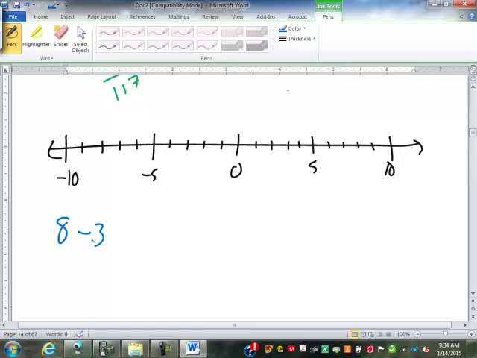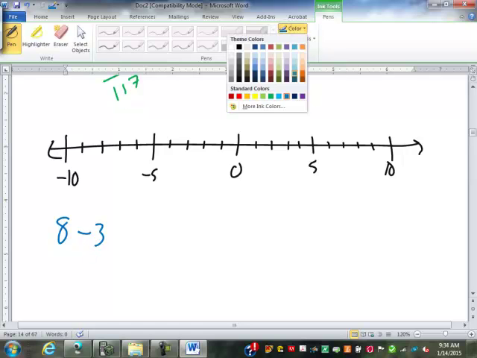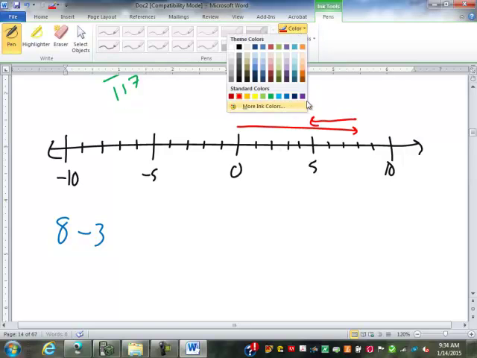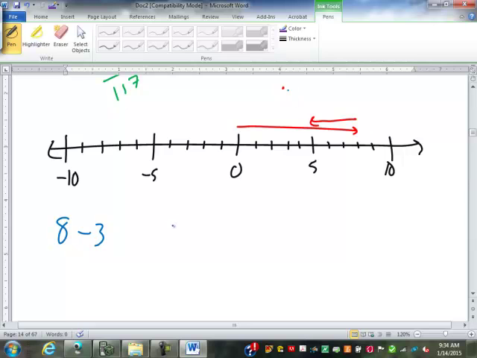This is looking at the positive numbers. If we were going to draw this out, there's 8 minus 3. Well, we know that comes back to 5, like that. Well, if we look at that picture, it looks an awful lot like the picture we would use for 8 plus a negative 3, doesn't it? In fact, it's the exact same picture because these are the exact same problem.